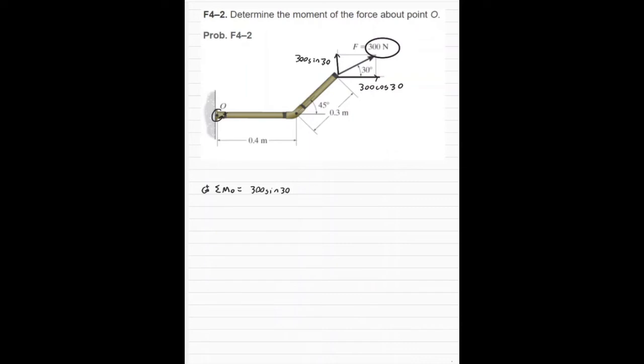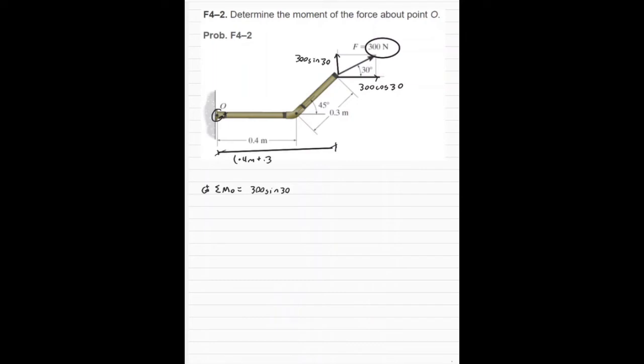and then afterwards you just have to make sure that you're using the distance that's perpendicular to the force and multiplying it on. If we picture this distance right here, this is the distance we're trying to find. This is actually going to be 0.4 meters plus the 0.3 meters.